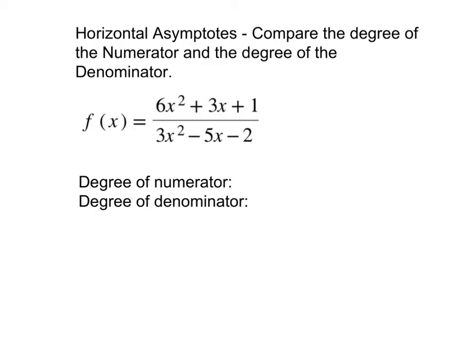Since the degree of the numerator is 2, and the degree of the denominator is also 2, whenever you see the degree of the numerator equal to the degree of the denominator, what you're going to do is you're going to take, let me do this in red so you can see it, the leading coefficient 6 over the leading coefficient 3, and that means that y is equal to 6 over 3, or y is equal to 2. And that's your horizontal asymptote.